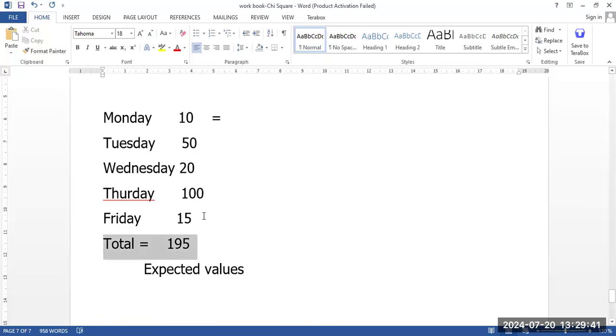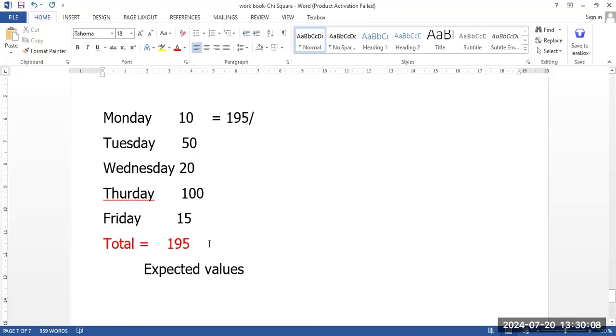So if you're dealing with days or months or what, that's the scenario you will be using. Then just get 195, the total, and divide by how many days, how many periods you are dealing with.